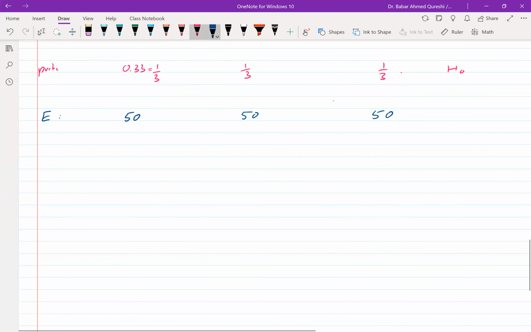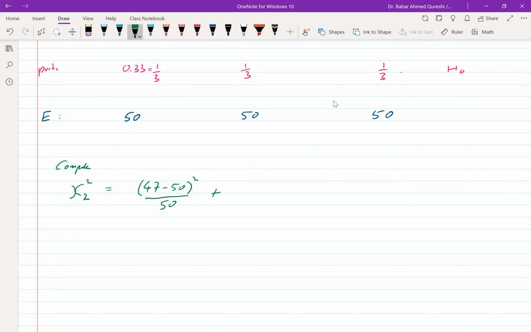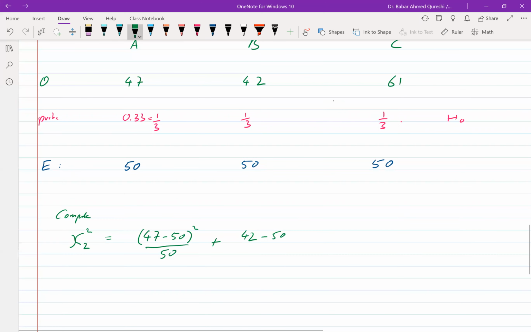Now, given this data, you can compute the chi-square. And since you have 3 categories, you are doing it for 2 degrees of freedom. 47 minus 50 square over 50 plus 42 minus 50 square over 50, plus 61 minus 50 square over 50.